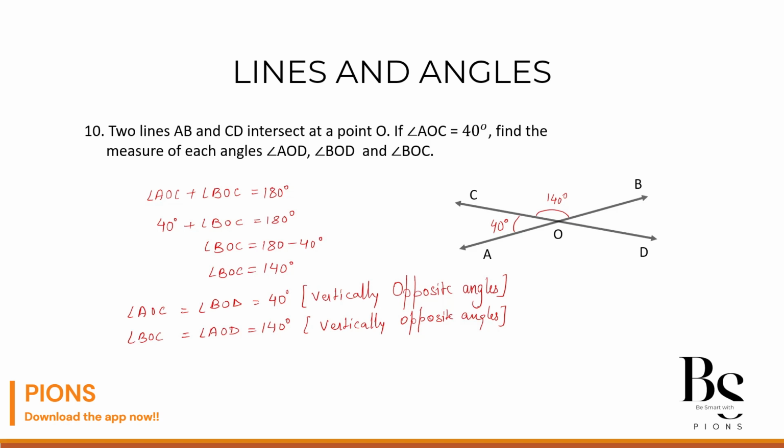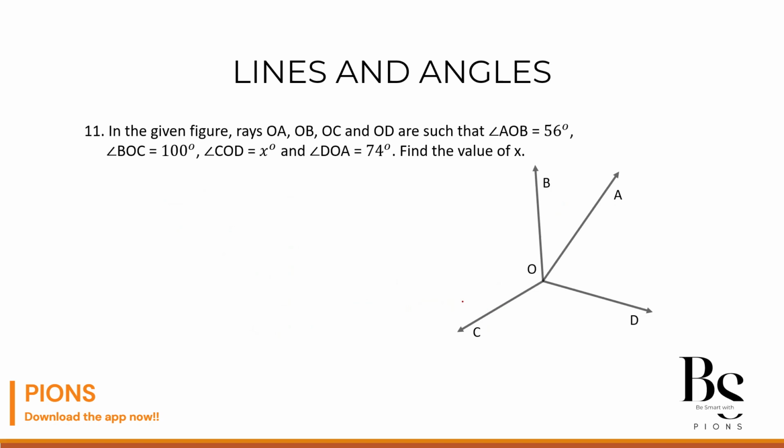Let's move to question number 11. Question 11 says, in the given figure, rays OA, OB, OC and OD are such that angle AOB is 56 degree, angle BOC is 100 degree, angle COD is X degree, angle DOA is 74 degree.